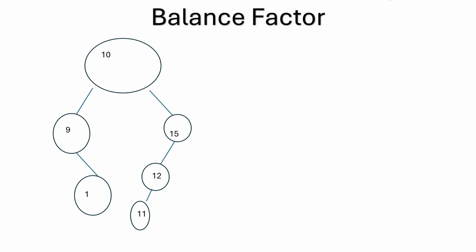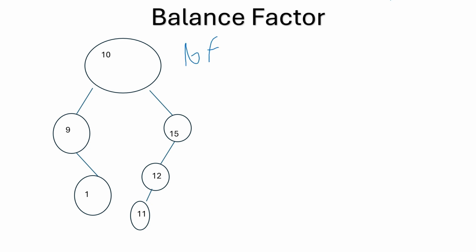For an unbalanced one where you need to balance, you can see right away it's what we would call right heavy because there's a higher height on the right. The root node has a right child, and you can see the path is 3.